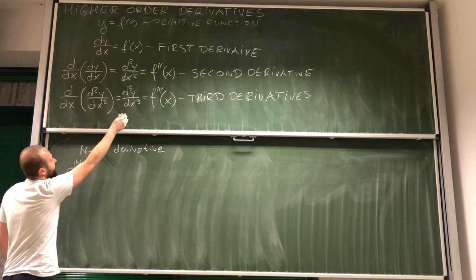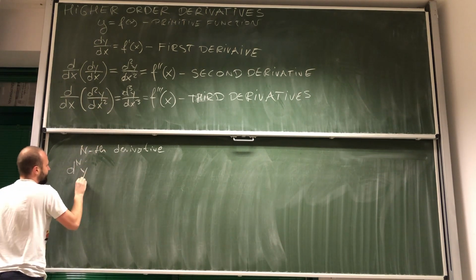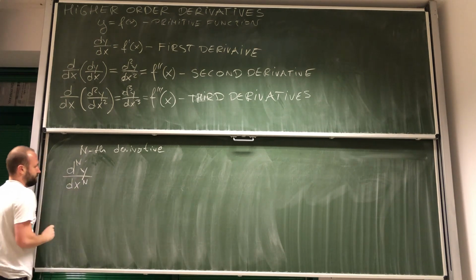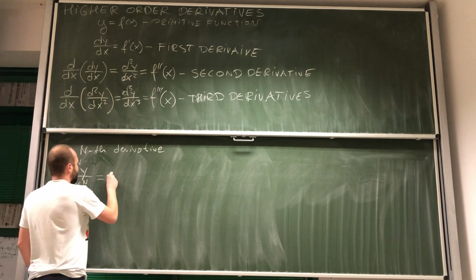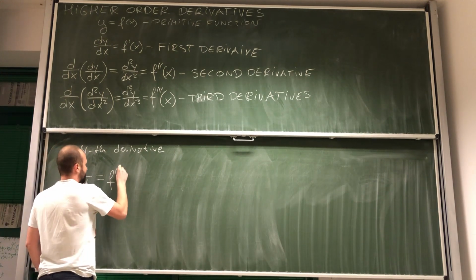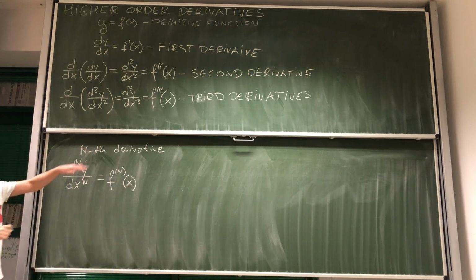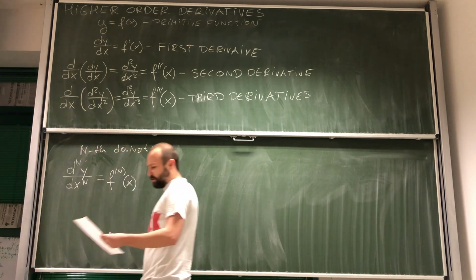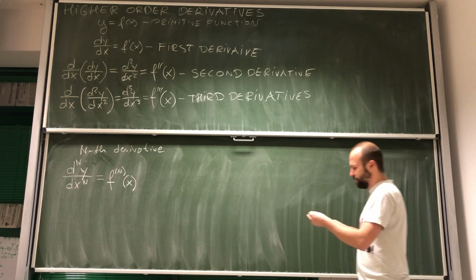Because we have 3, like here, 1, 2, 3, then d^n y over dx^n. Which, of course, we can also write in Lagrange notation as f^(n) of x. And this is the nth derivative. Okay, look, as you see, this is a very easy thing to do. So let's just illustrate it with one example, and I think this should be enough for us.